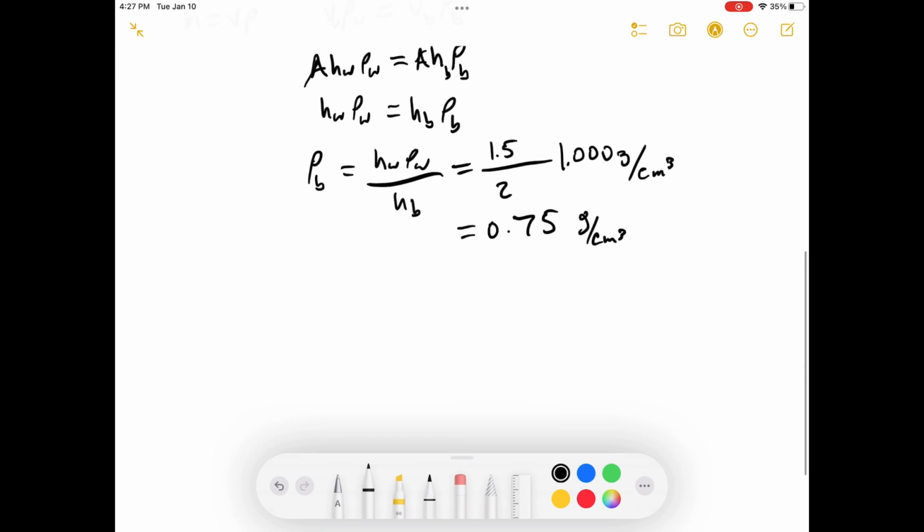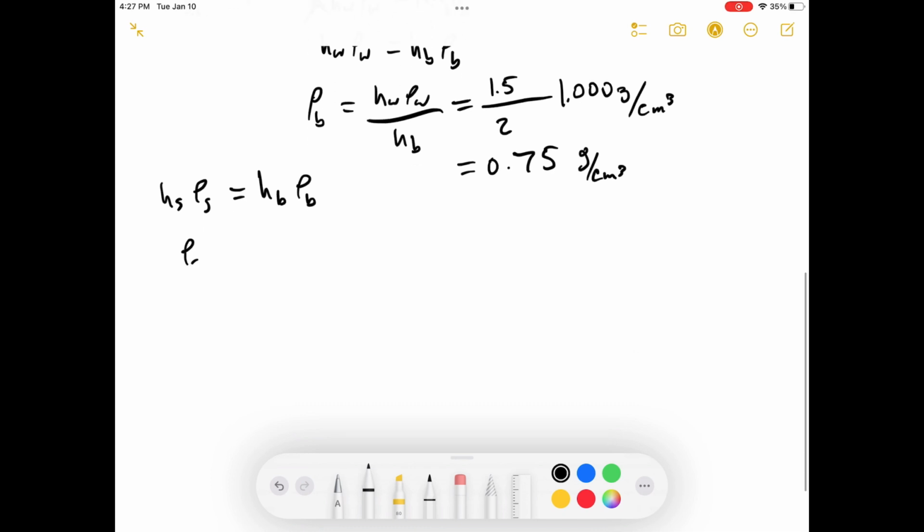So the height of the solution times the density of the solution equals the height of the block times the density of the block. Okay, so now we're solving for the density of the solution, which equals the height of the block times the density of the block divided by the height in the solution.